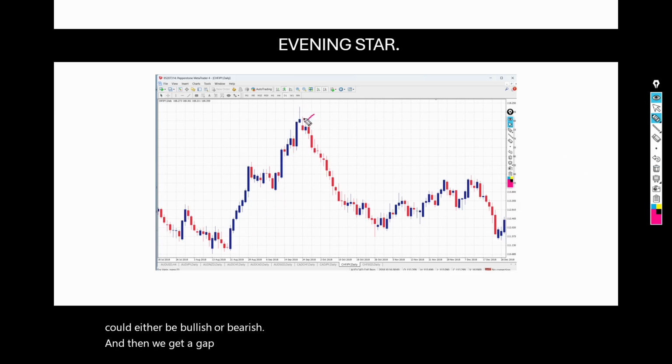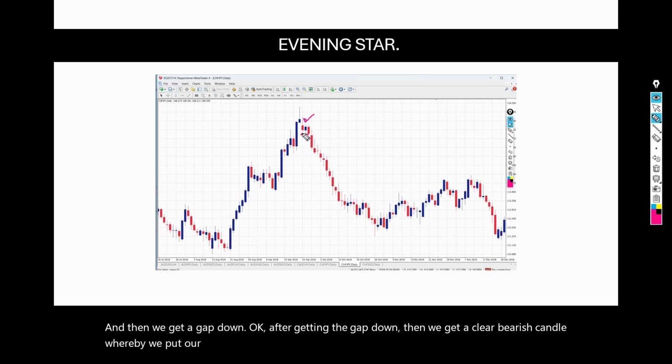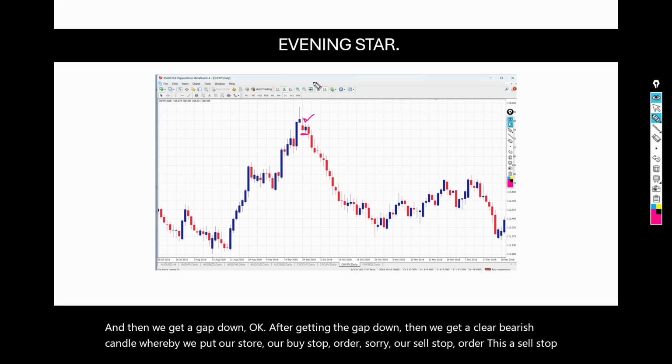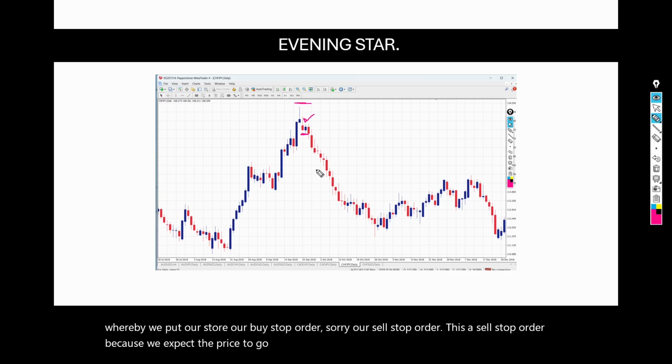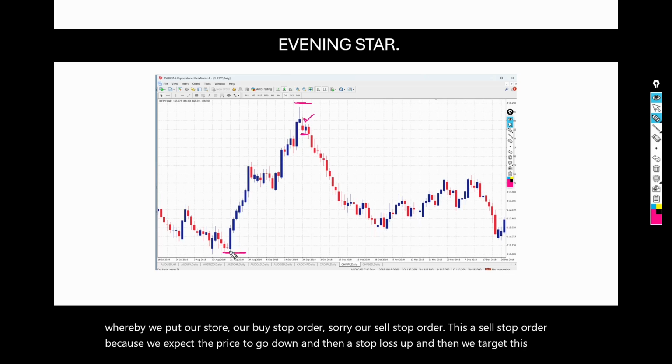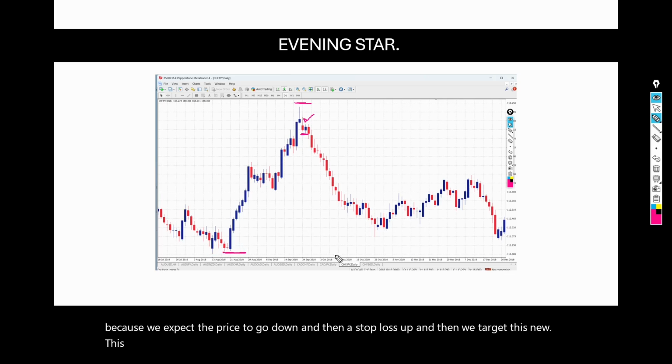After getting the gap down, we get a clear bearish candle, whereby we put our sell stop order. It's a sell stop order because we expect the price to go down, and then a stop loss up, and then we target this new support formed right here, and you can see that the price went all the way down.